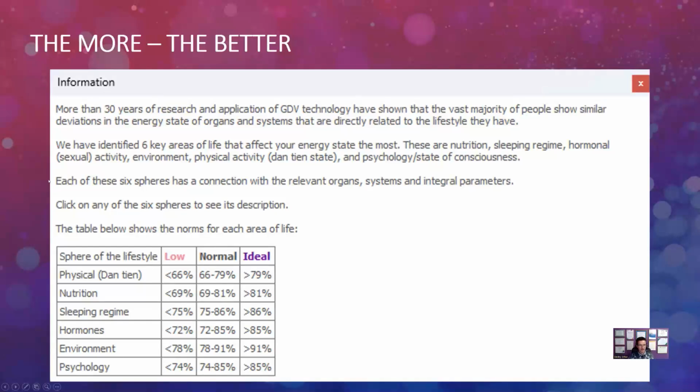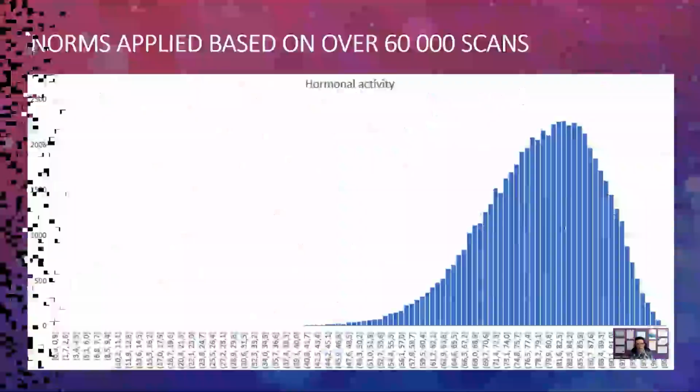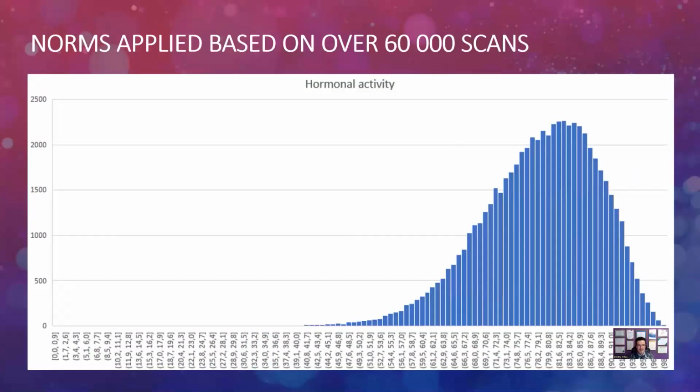So each sphere has a connection to some relevant organs and systems and integral parameters that I have just mentioned. We have analyzed more than 60,000 full scans made within half a year worldwide with the use of the Biowell 3.0, and for those people who are using the modern version of the software with the lifestyle tab activated.